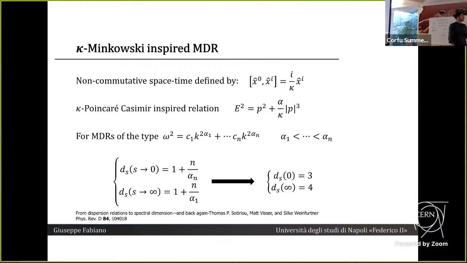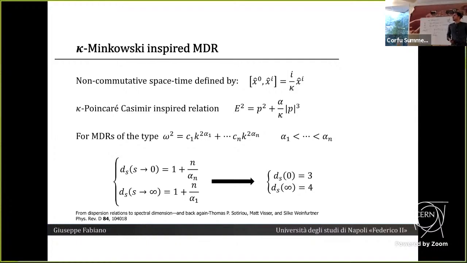This algebra has a Casimir that, in the spirit of the physics that we do, we interpret in a semi-classical way as a dispersion relation. And so, gaining semi-classical inspiration from the Casimir element of the kappa-Poincaré algebra, we obtain the modified dispersion relation shown in the slide, in the case where the mass is equal to 0.